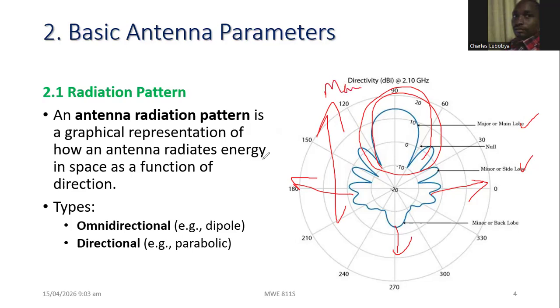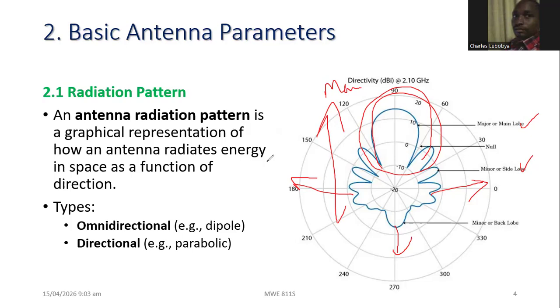So when we talk of radiation patterns being omnidirectional, it simply means that you are radiating in all angles, everywhere. This is common, especially when you are doing radio and TV broadcasting. You want to send a signal everywhere, across 360 degrees.